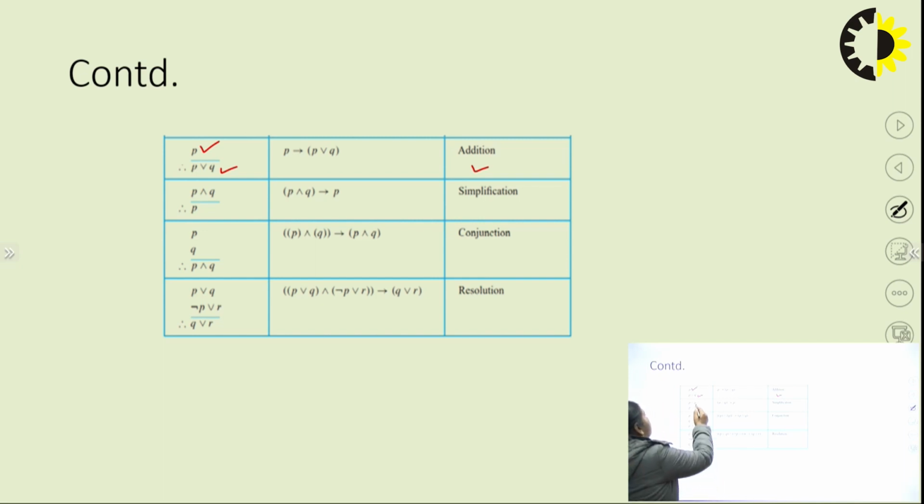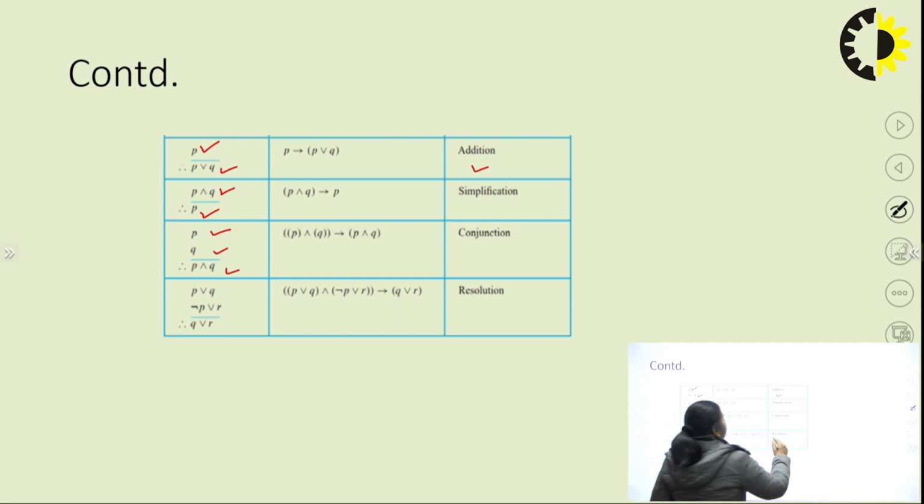Simplification: if P and Q is given as true, it means both P as well as Q are true, so we can take P as true directly. That is simplification. Now conjunction: if P is true and Q is true, definitely their conjunction is true.